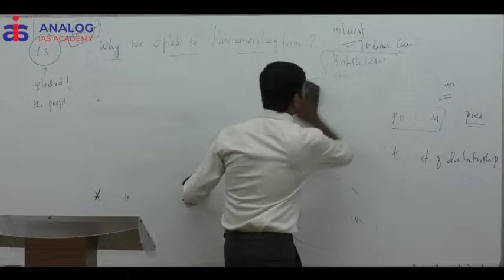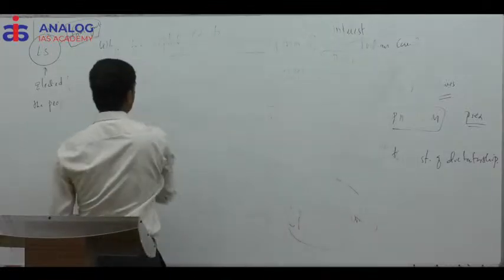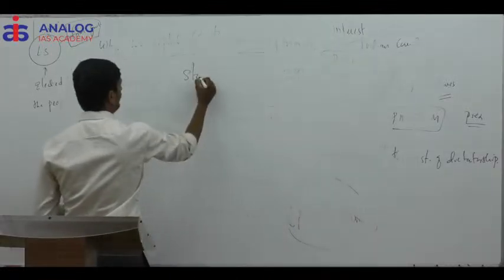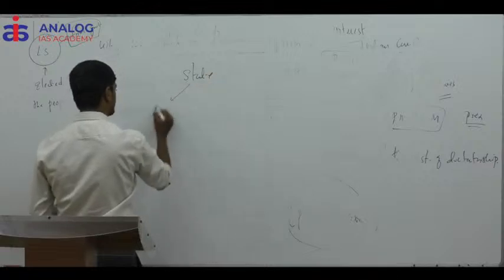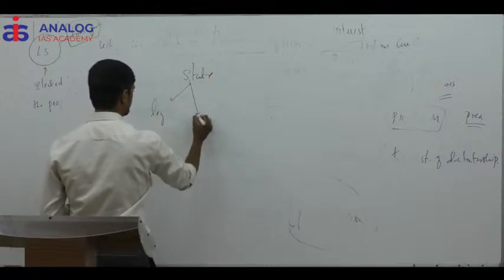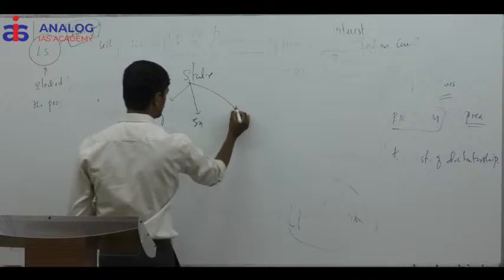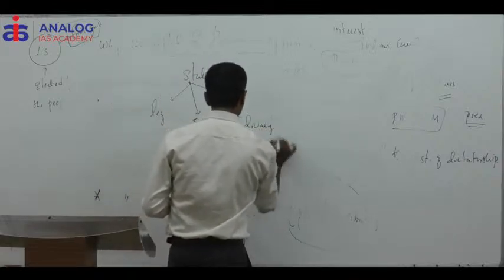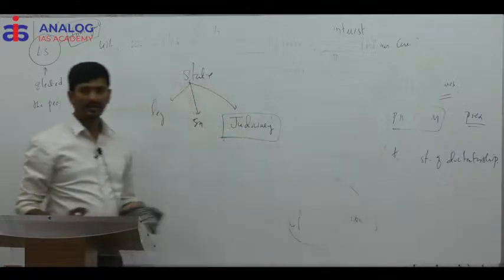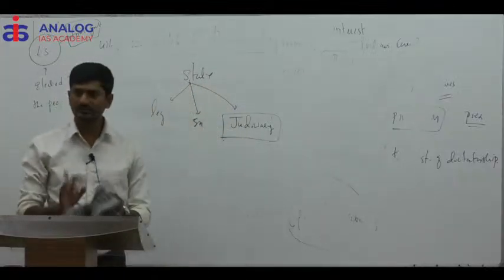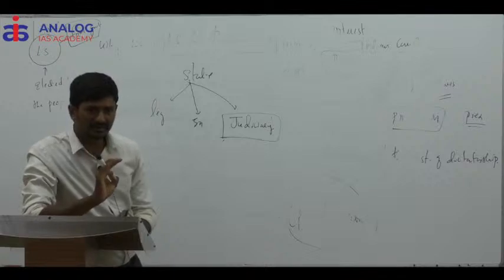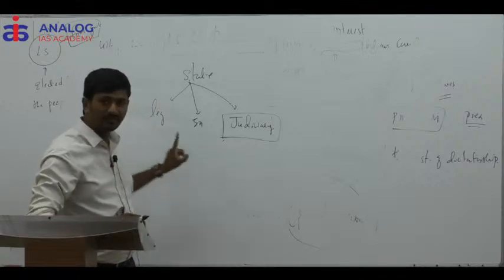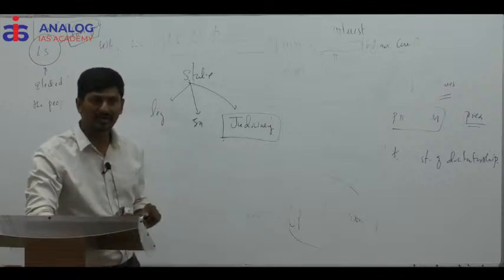So we have discussed what is state, what is legislature, what is executive, then what is judiciary. Got my point? We discussed the form of democracy we follow in the country.